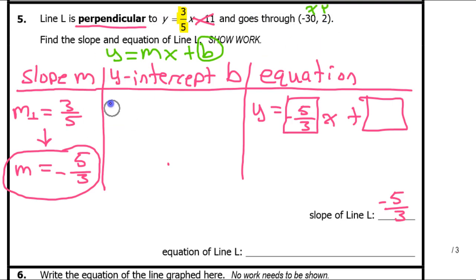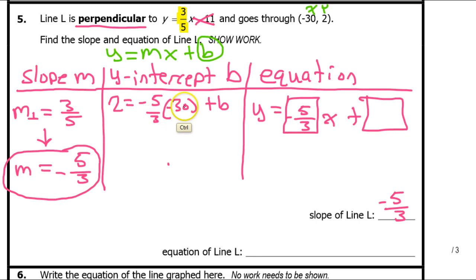The y value is 2, so we'll have 2 equals. Then comes the slope m, which is negative 5/3, and then comes the x value, which is negative 30, plus b. Now, I look at this and think a negative times a negative is a positive, so I know this is going to be positive.